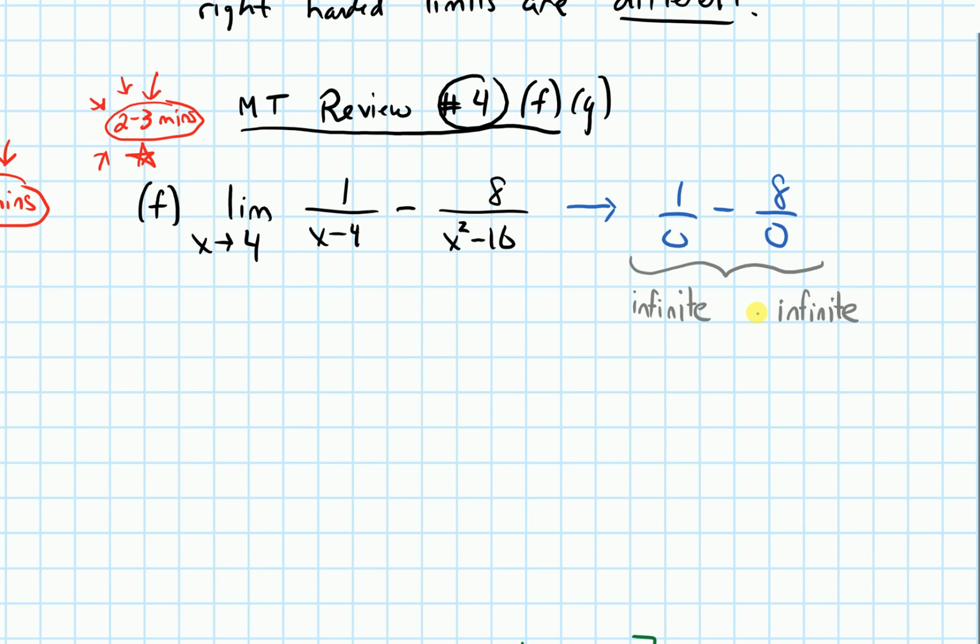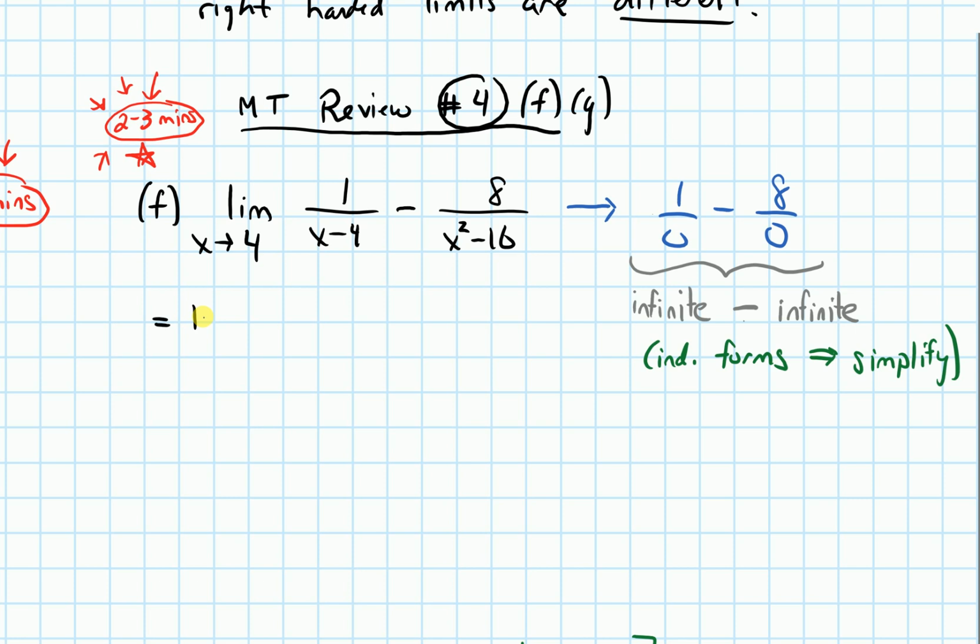So it's like I'm taking an infinite thing and then subtracting an infinite thing. And that is one of our indeterminate forms. And with an indeterminate form, we simplify. That is our strategy. We have to simplify it first before we can plug in.